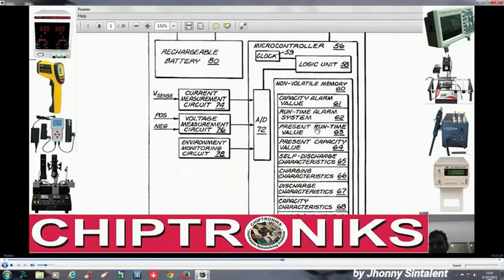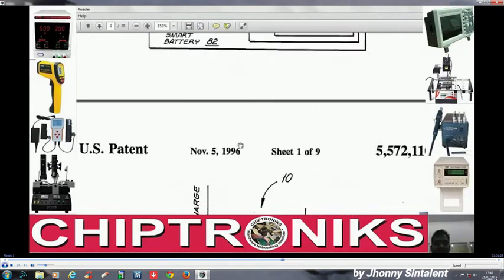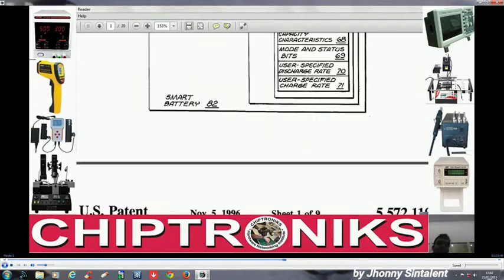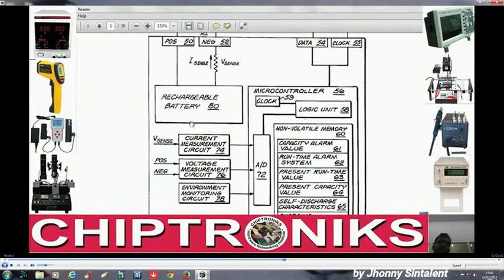So this microcontroller inside this battery makes it smart. And this graph shows that when notebook temperature increases, how does a notebook temperature increase? It may run graphic intensive work. In that case, lots of heat would be generated by the CPU, and the self-discharge of the internal battery may increase.